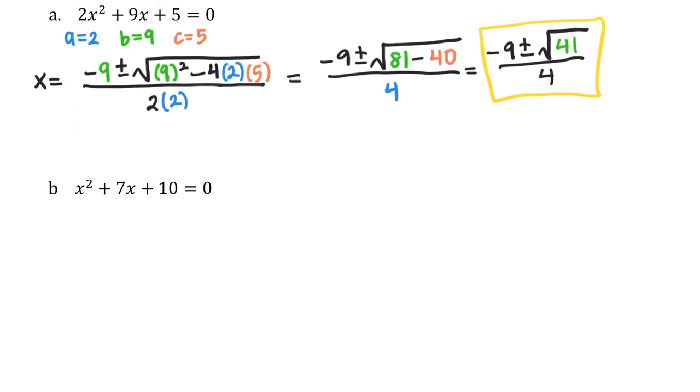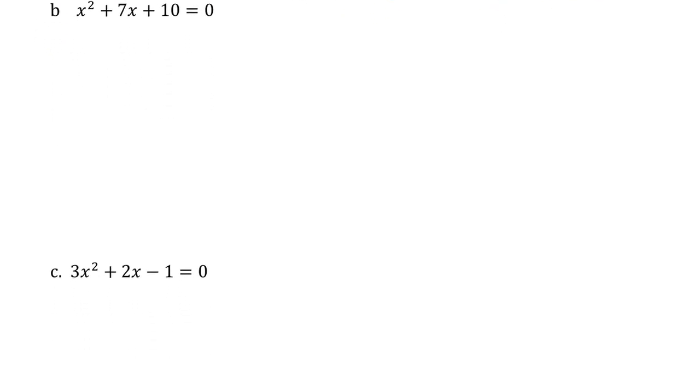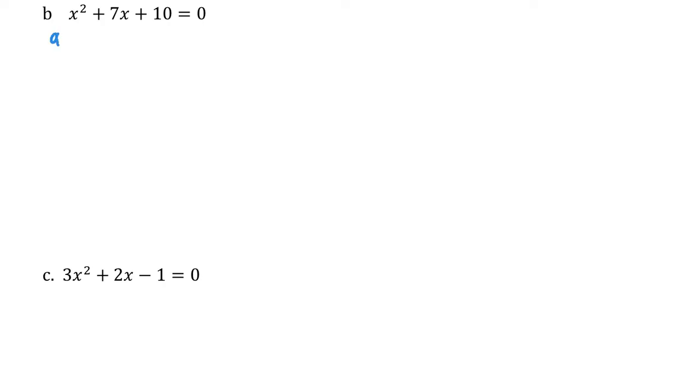Okay, for b, I'm going to go ahead and solve this using the quadratic formula. It is in standard form. It equals 0. So I'm going to go ahead and identify a, b, and c. So a is 1, b is 7, and c is 10. Since we're solving for x, I'm going to say x equals negative b.